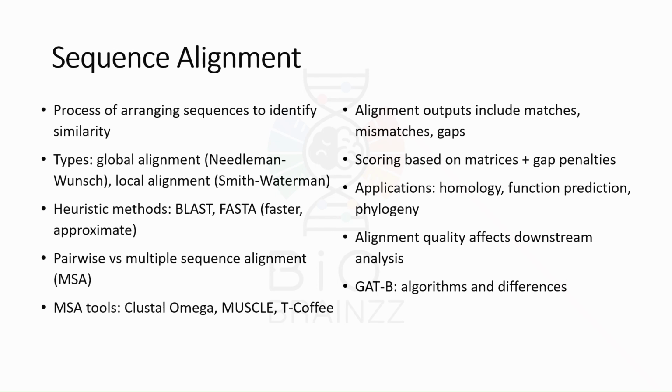Tools like BLAST and FASTA are used for fast alignment, while Clustal Omega and MUSCLE are used for multiple sequence alignment. Alignment is very important for finding homology and predicting functions. In GAT-B, you should clearly understand the difference between global and local alignment.